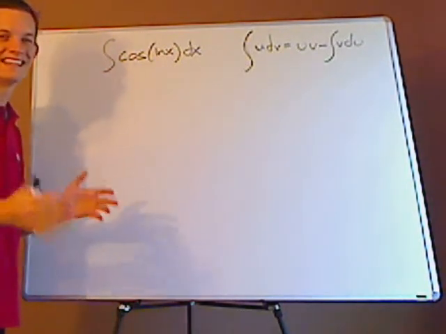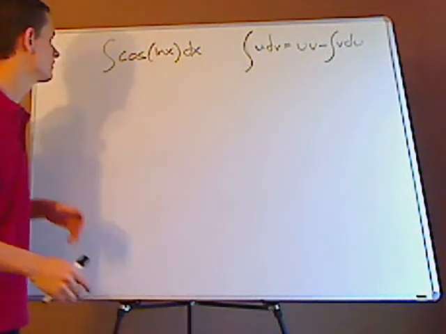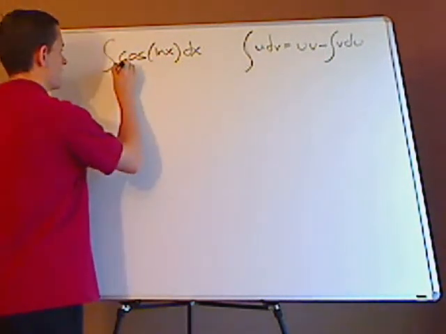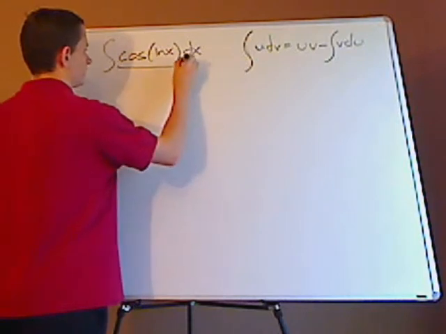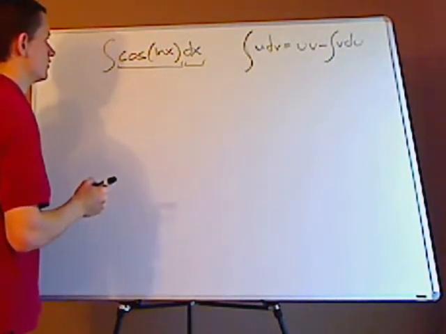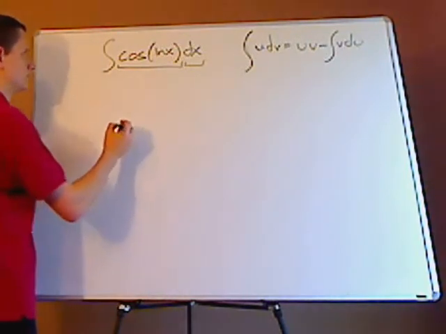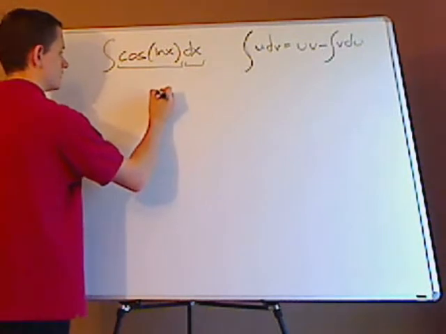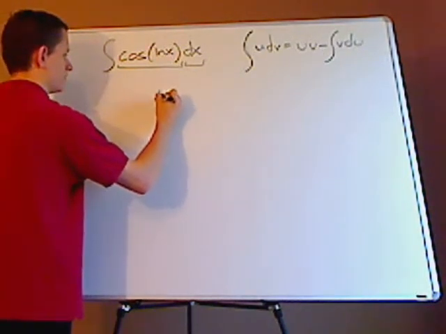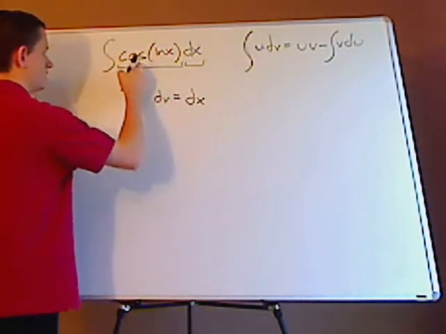You can't take the integral of this as it is. So what you have to do is decide which part you're going to take the derivative of, and which part you're going to take the integral of. The part you're going to take the integral of, in this case, is just dx.